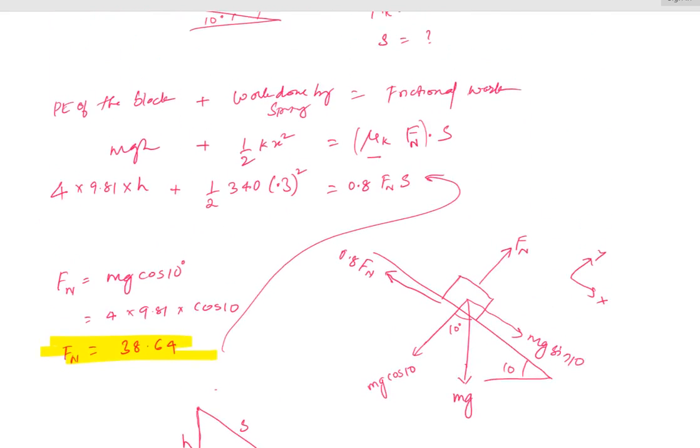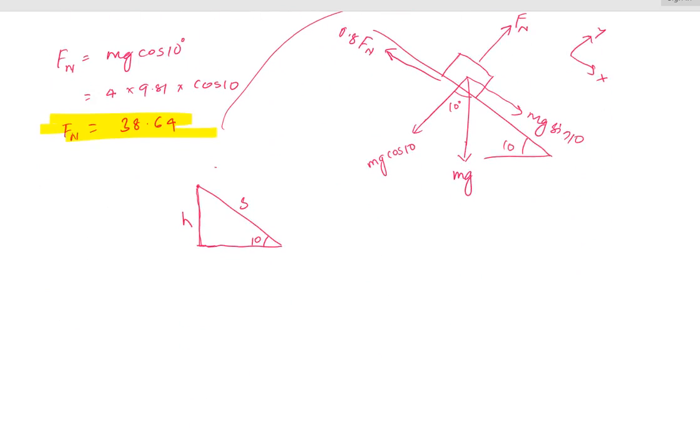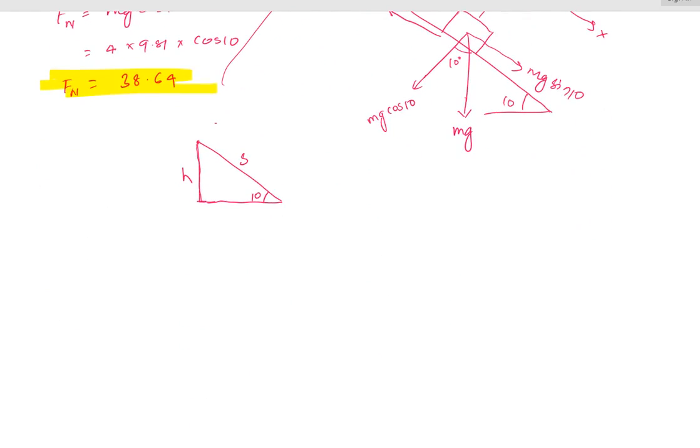That's what we're saying here, mgh, and we have s here. Then h and s are related by simple trigonometry, so we can say h is equal to s times sine 10 degrees. So h can be replaced by s sine 10 degrees.